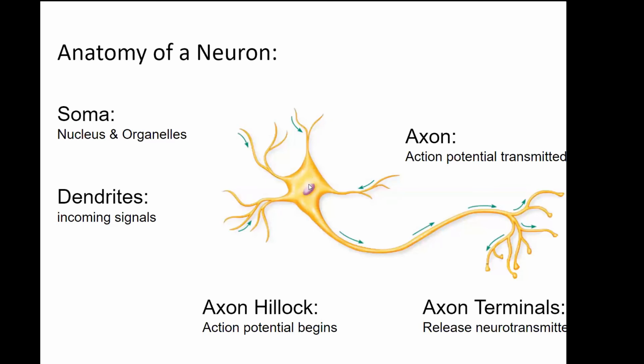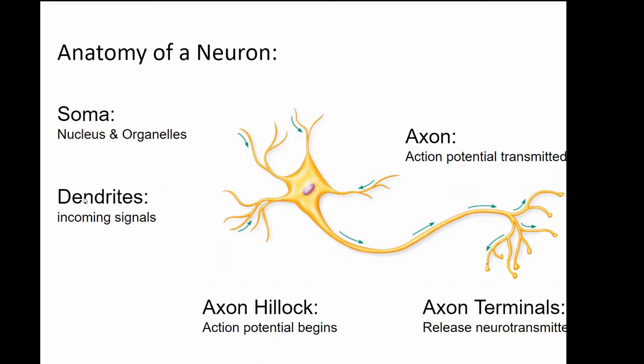We have this central cell body with the pink-purple nucleus, and we're now going to call that the soma of the neuron. Soma always means body. Somatic cells are cells of the normal parts of your body. So the soma is just the cell body of the neuron.